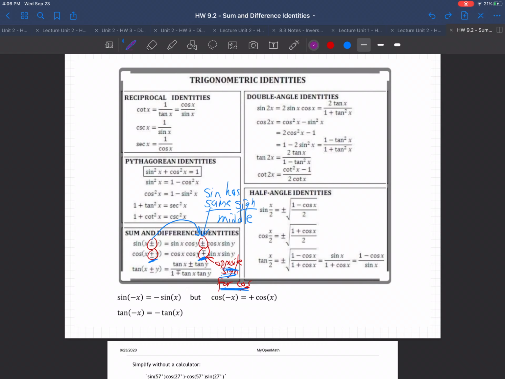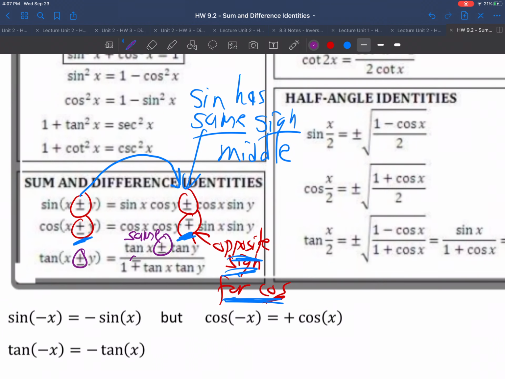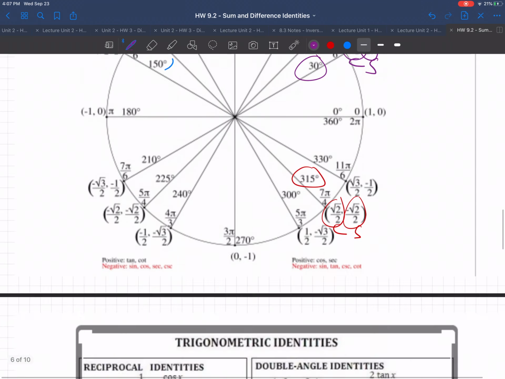Does that make sense? So plus minus, same on the top, and on the bottom, opposite. Okay, tangent, plus or minus tangent, over 1 plus or minus tangent, tangent, opposite sign on the bottom.